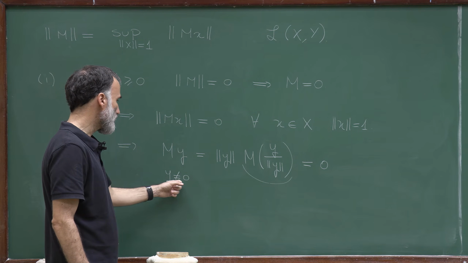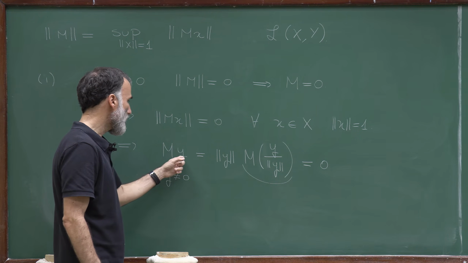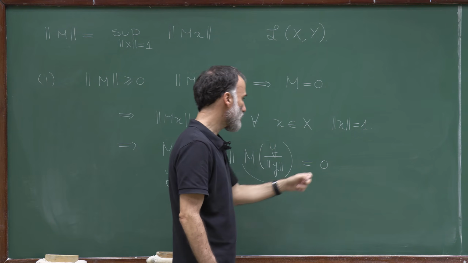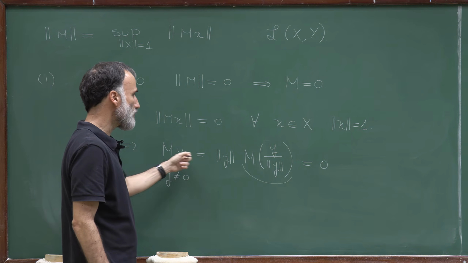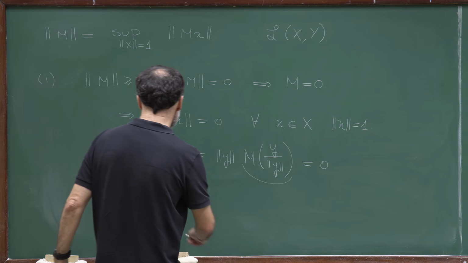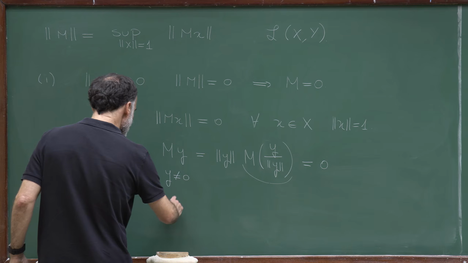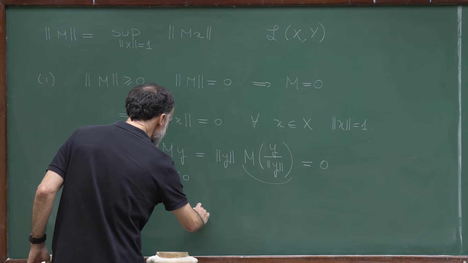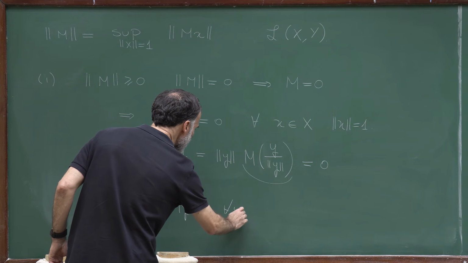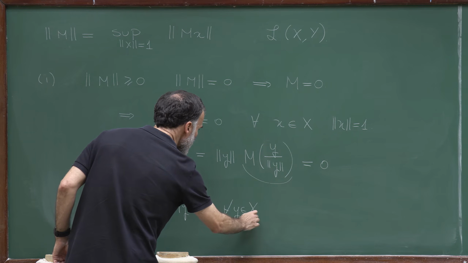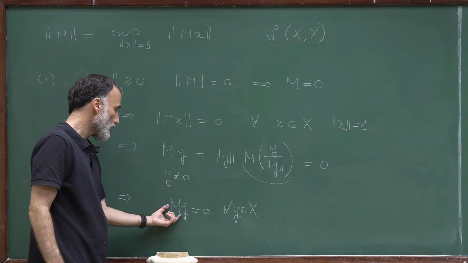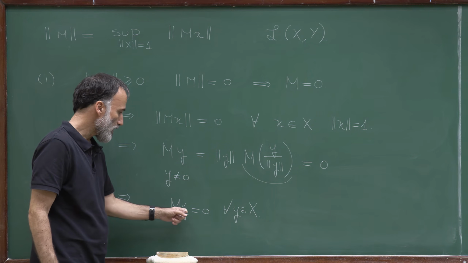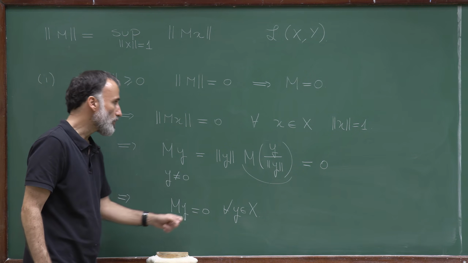Therefore, we just proved that if y is different from 0, M of y is equal to 0. And by linearity, we know that M of 0 is equal to 0. So we just proved that M of y is equal to 0 for all y in X, which proves that M is indeed the 0 operator, the one which sends any element of X to 0.